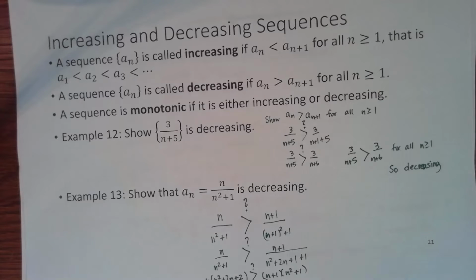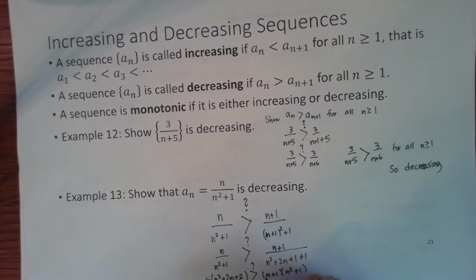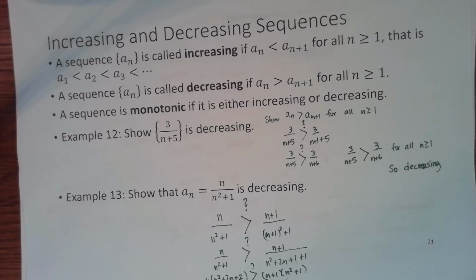If I subtract n cubed from both sides, that goes away. If I subtract n squared, I'll have just n squared. If I subtract n, I'll have just n. And the question is, is that greater than 1?